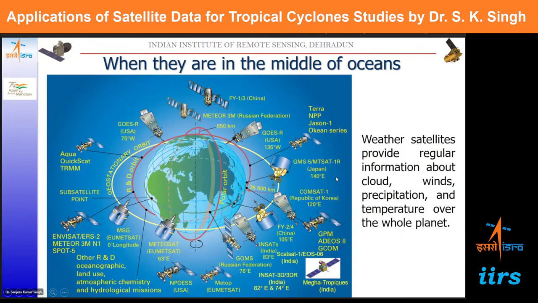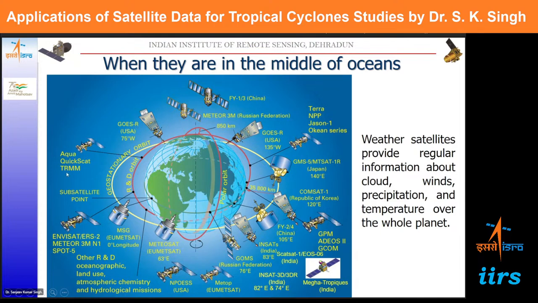Look, this picture shows the global satellite network. How many satellites there are in space, continuously monitoring our atmosphere and ocean. We have a large network of satellites.